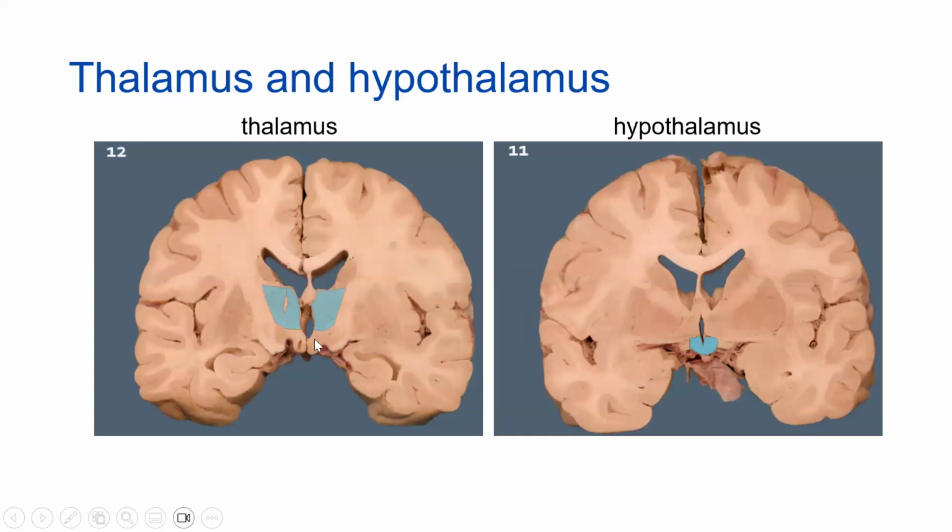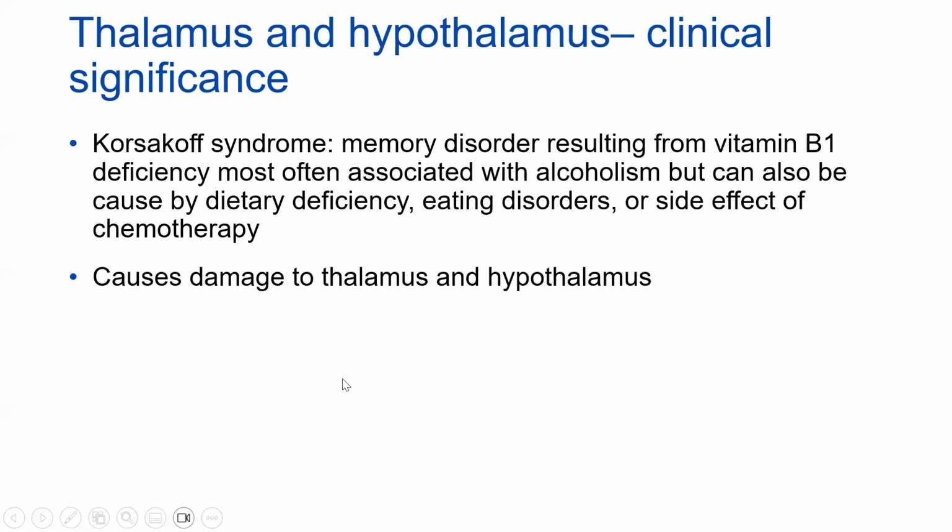You can't really appreciate the hypothalamus from this angle. These are, well, you don't necessarily need to know that these are called bodies. The hypothalamus is more rostral compared to the thalamus. An important clinical point to know is Korsakoff syndrome.